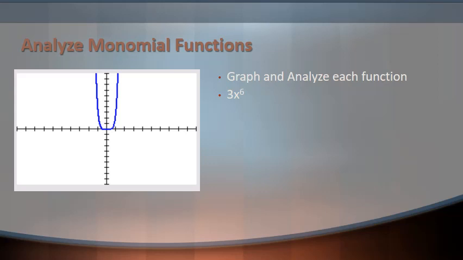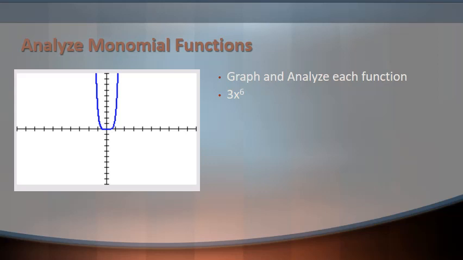And this is how my graph appears. I was using window settings of x minimum -10, x maximum 10, x scale 1, y minimum -10, y maximum 10 with a y scale of 1. And so this is how the graph appears at 3x raised to the 6th power.